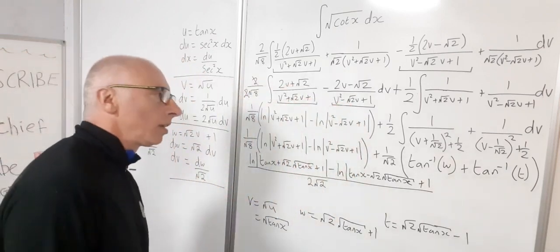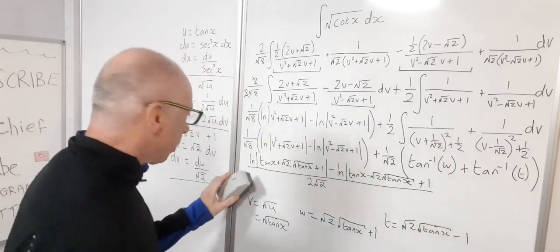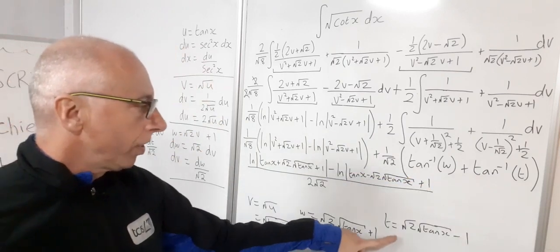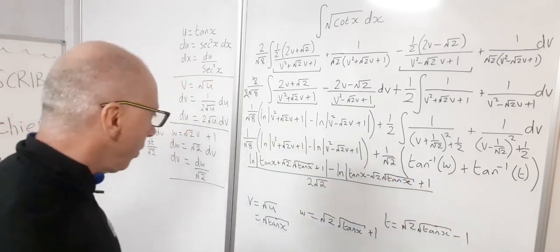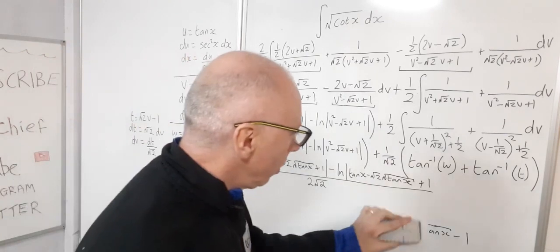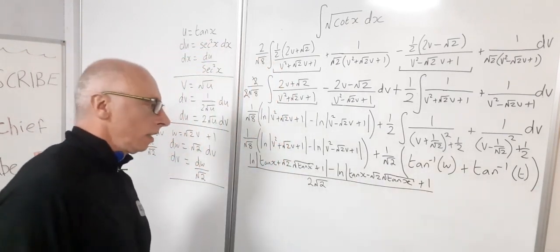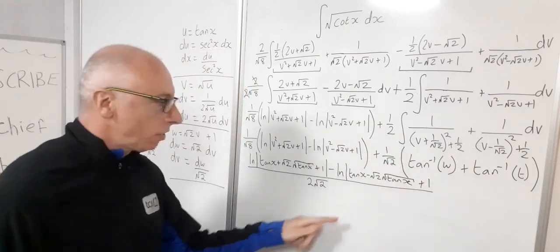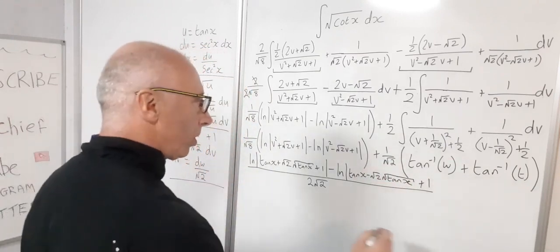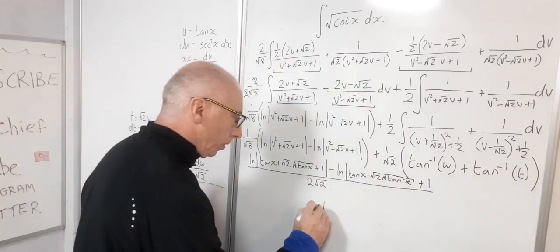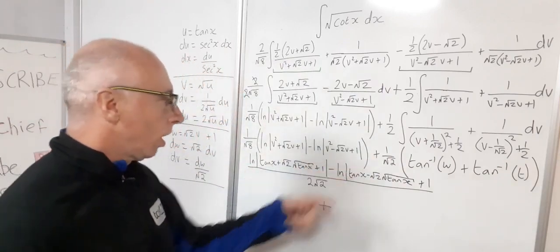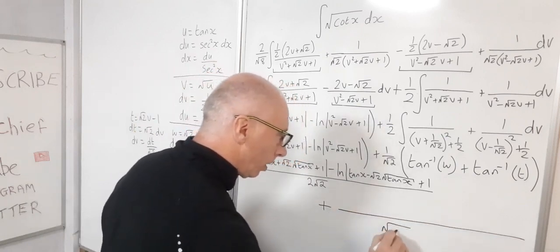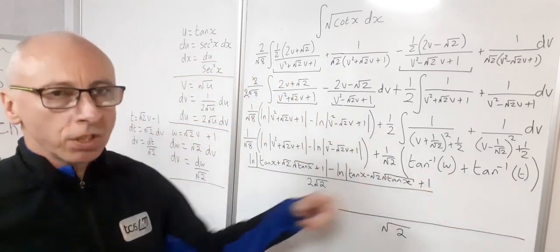So now let's do my tangent and my inverse tangent. So remember, we've got root 2 tan x plus 1 and root 2 tan x minus 1. So let's just do that. So now I've got plus 1 over root 2. So I'm going to write another fraction down here as if I'm continuing my fraction here, all over square root of 2. So I'm going to put my square root of 2 in my denominator, and the inverse tangent of w.